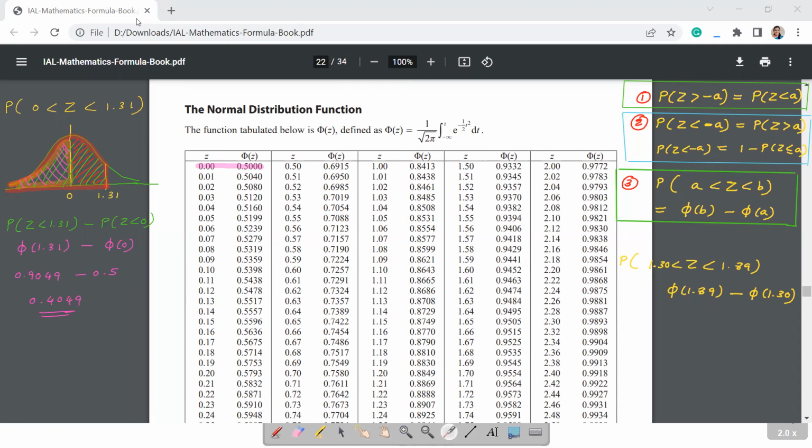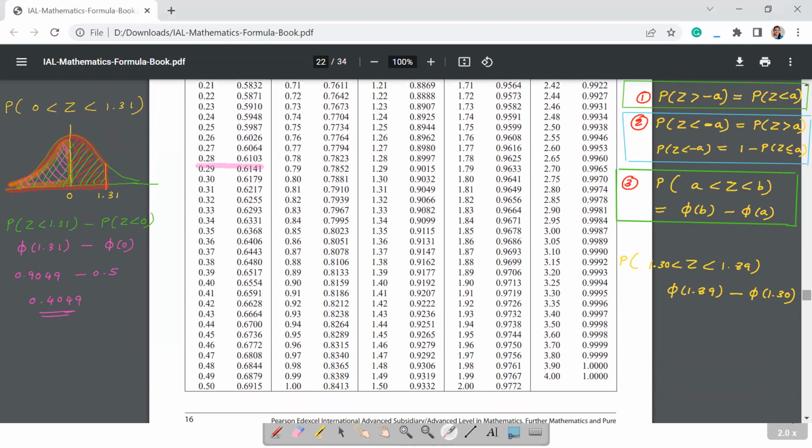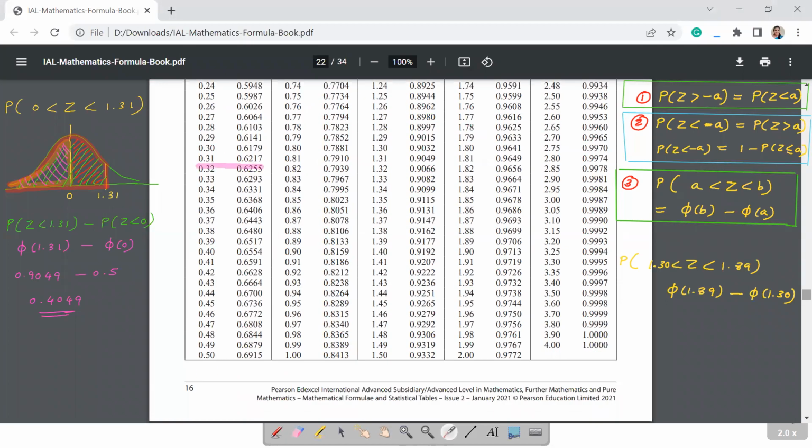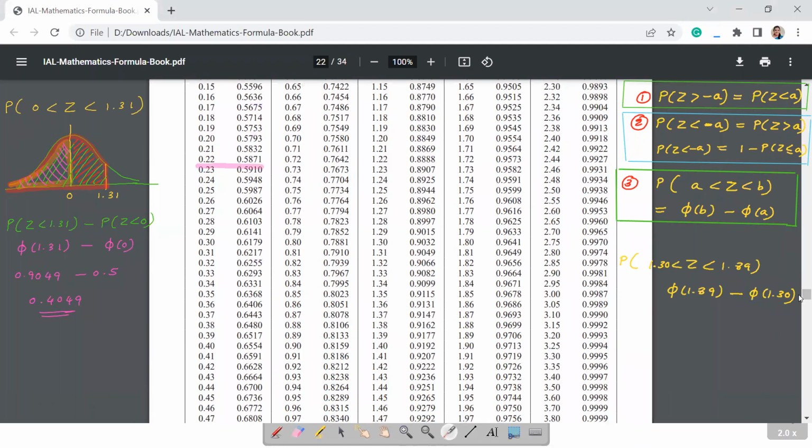So what do you get? Phi 1.89, you have to go down, right? Yeah, here phi 1.89 is over here. Do you see, guys? 1.89 here: 0.9706 minus phi 1.30, which is over here, 1.30: 0.9032.